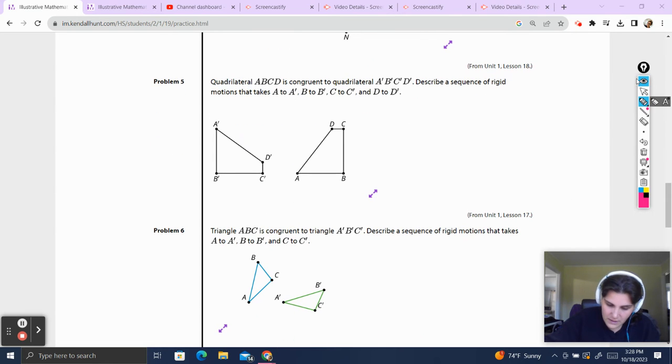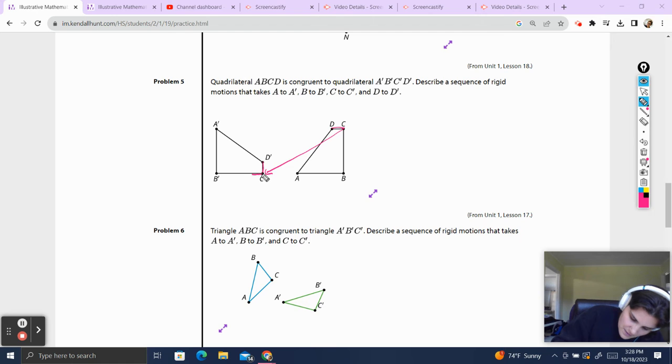Problem 5. Quadrilateral ABCD is congruent to quadrilateral A prime, B prime, C prime, D prime. Describe a sequence of rigid motions that takes A to A prime, B to B prime, C to C prime, and D to D prime. Okay, I am going to think about what works well. I know D prime, C prime is going to line up. So I'm going to take C, because we're going C to C prime, and drag it all the way so it lines up.